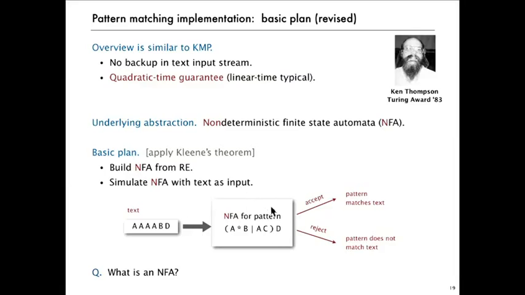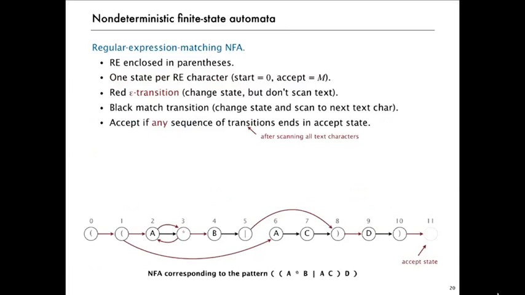It's a different kind of machine, but actually it's also the case that for any regular expression we can build an NFA, and vice versa. Kleene's theorem extends to this. And so we're going to simulate the NFA with the text as input. And so what do we mean by a nondeterministic finite state machine? That's what we have to talk about next.